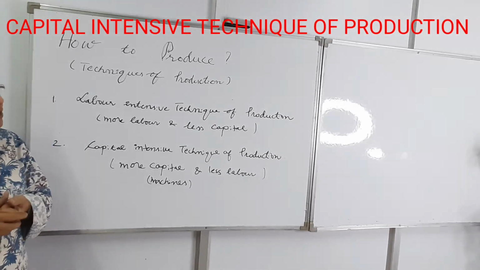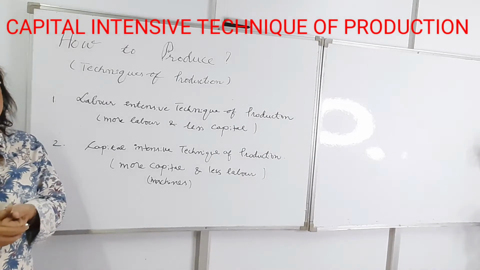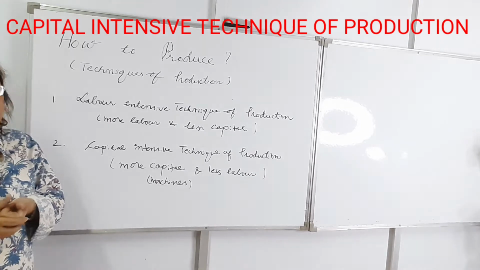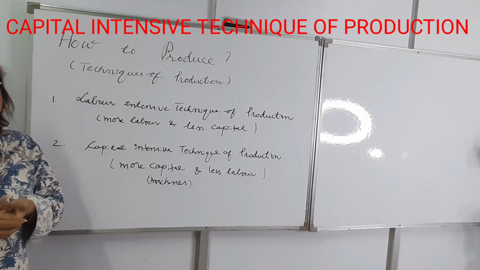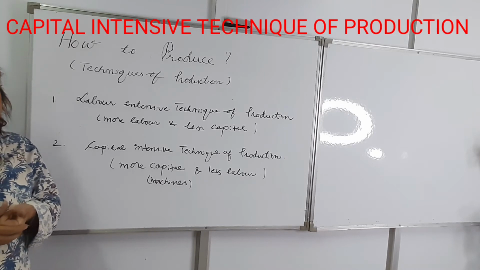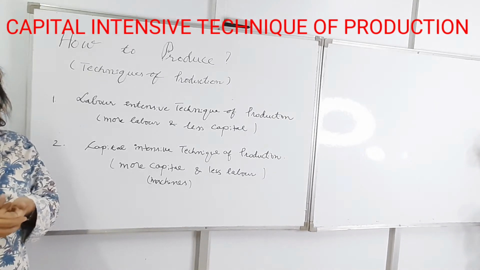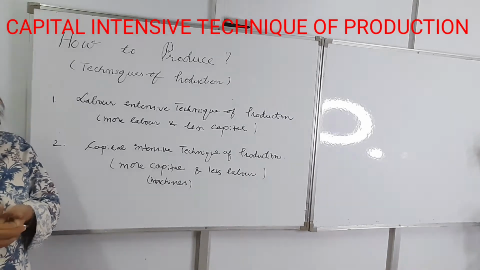Which economy uses this technique? This technique is mostly used in developing economies like India or even underdeveloped economies. Why do we choose the labor-intensive technique of production? Because in these economies, plenty of labor is available and the labor is very cheap, but we can't afford big machines.